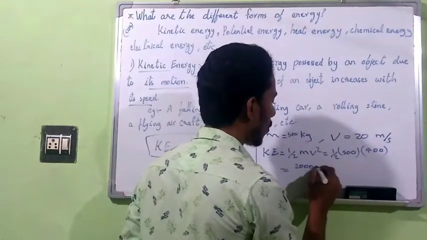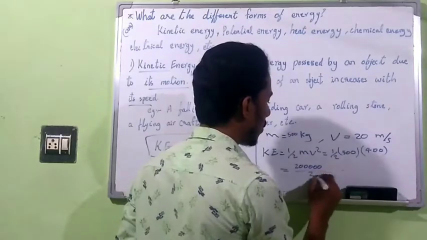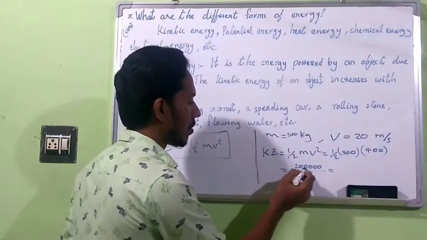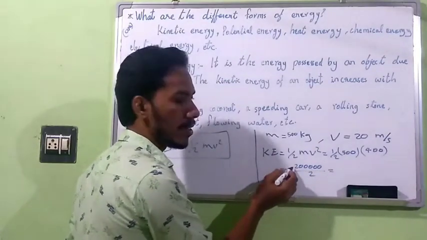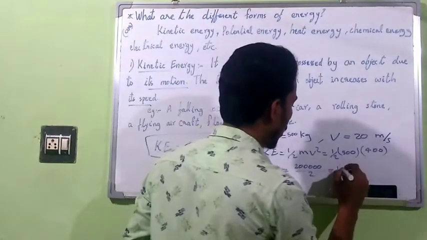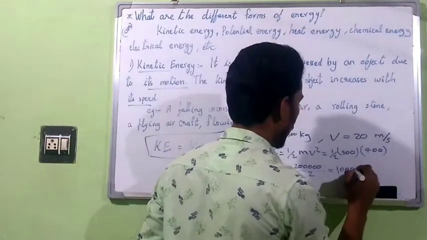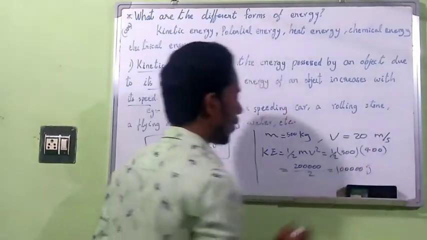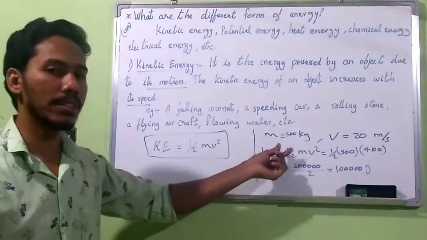Then apply 4 zeros. Divided by 2 is the answer. It is 2 lakh, so 1 lakh is the answer. 1 lakh joule is the kinetic energy of that object.